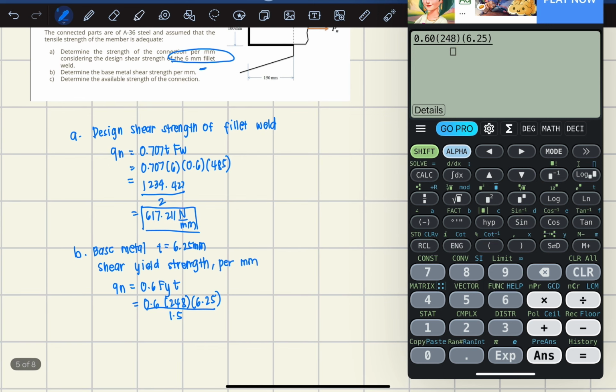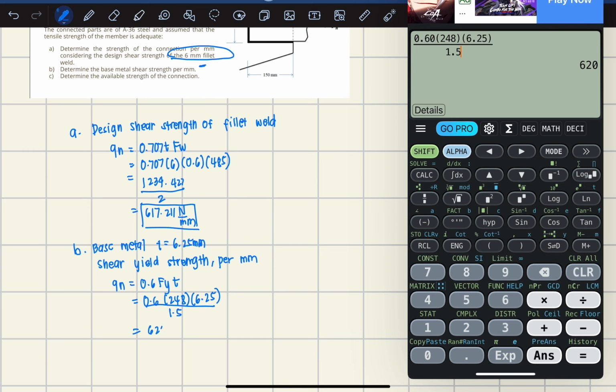So balikan nyo na lang yung mga safety factor dun sa summarized version. 1.5 is 620 Newton per mm.